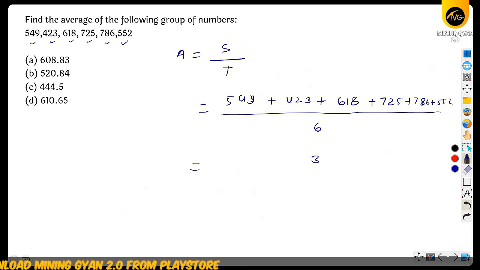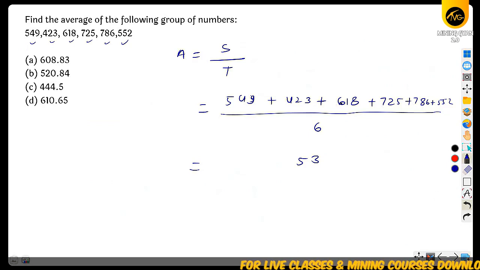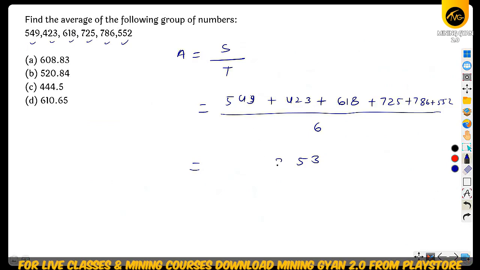Now 5, 8, 13, 15, 16, and 14, that is 5. Now 5, 7, 12, 19, 25, 29 and 5, that is 36.